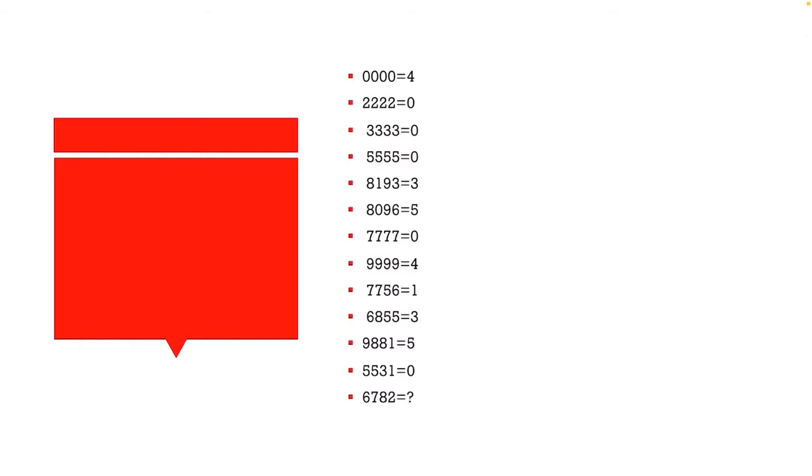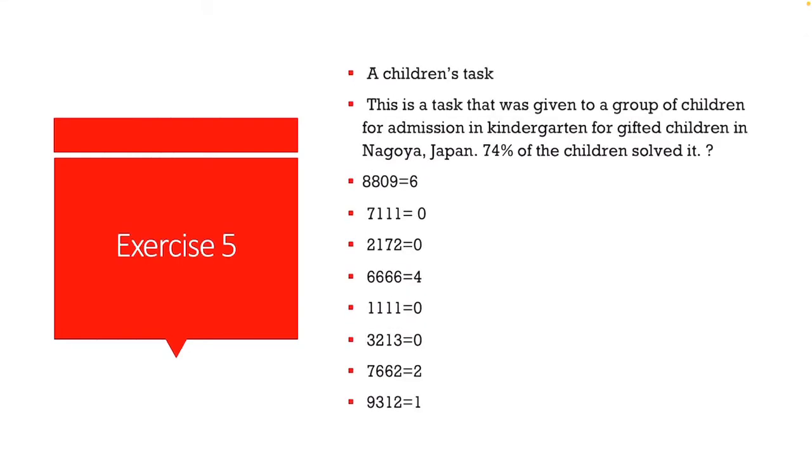So the correct answer for 6782 is 3, because the 6 has one circle and the 8 has 2 circles. For 7 and 2 we do not have circles in the shape.